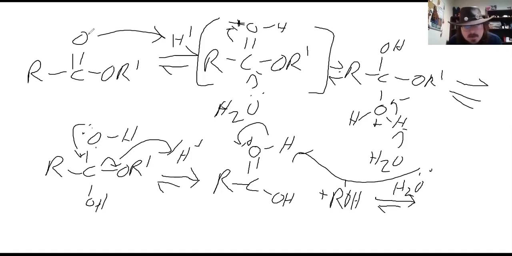So Fischer esterification would have been, step 1, protonate the carbonyl, still the same. Nucleophile attacks, still the same. Deprotonate your weak nucleophile, still the same. Step 2, second half: protonate the leaving group.